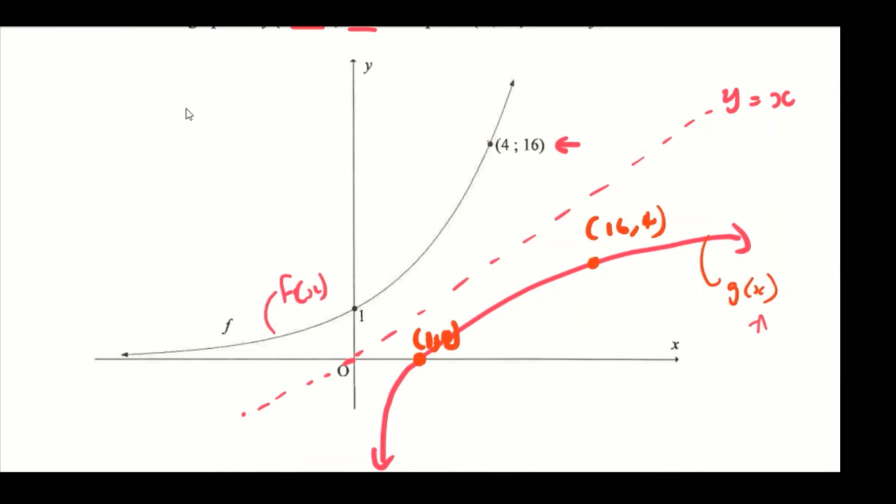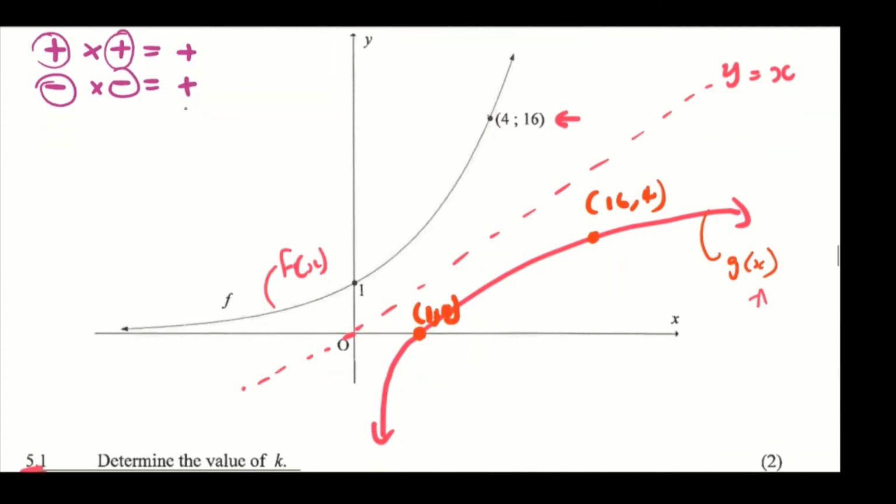For you to get a greater than 0 solution, when you multiply a positive with a positive, you're going to get a positive, or when you multiply a negative with a negative, you're going to get a positive, right? So you want to check where both y values are positive, or where both y values are negative.